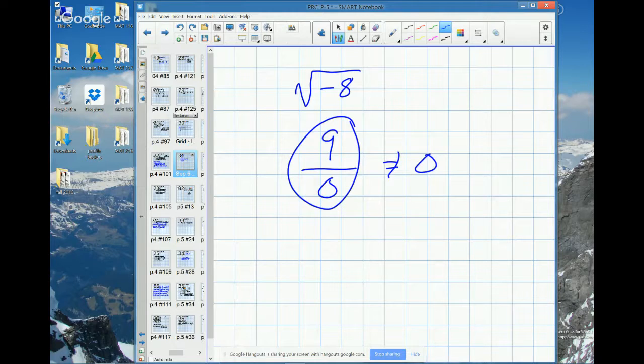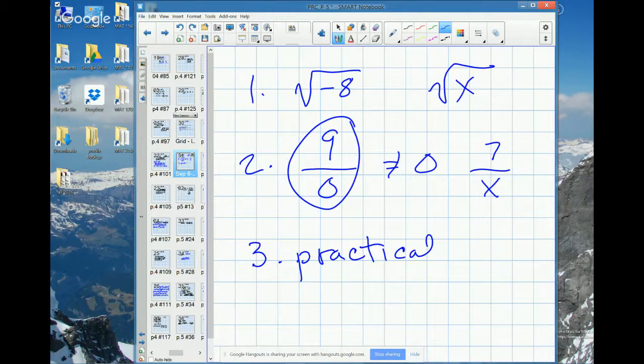So what I'm saying in number 1 is we can't do this when x is a negative, because we can't take square roots of negatives. Number 2, when x is 0, because we can't divide by 0. And number 3, I call practical considerations.